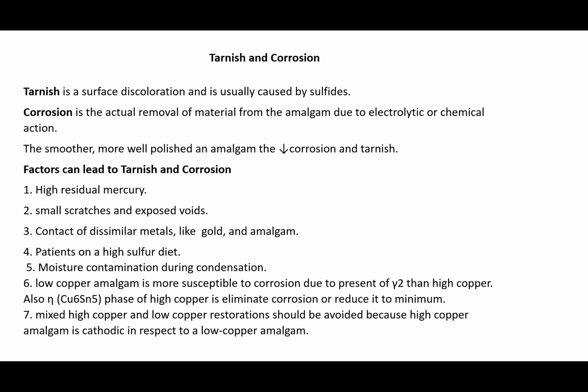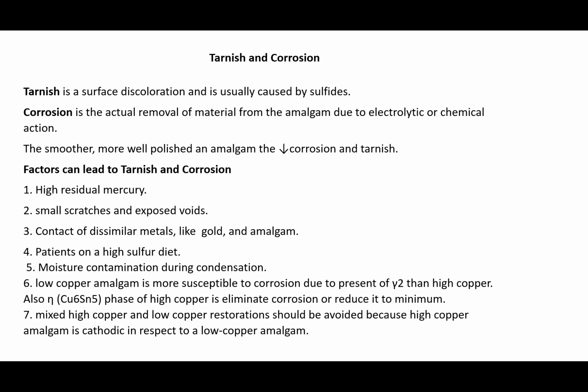Tarnish and corrosion. Tarnish is the surface discoloration, while corrosion is the actual removal of material from the amalgam due to electrolytic or chemical action. A well polished amalgam, with a smoother surface, can decrease corrosion and tarnish, and using high copper also decreases corrosion and tarnish.